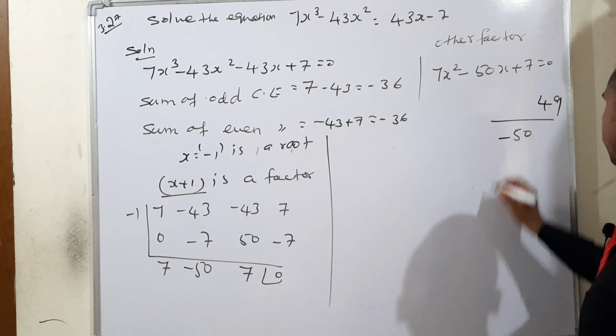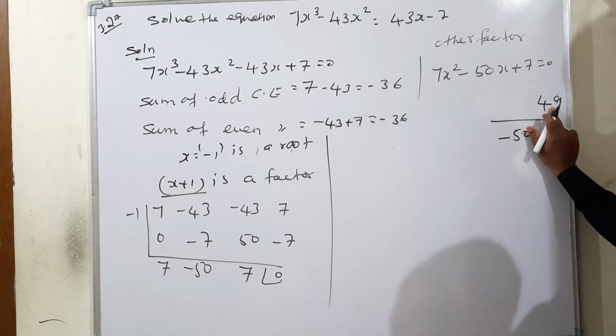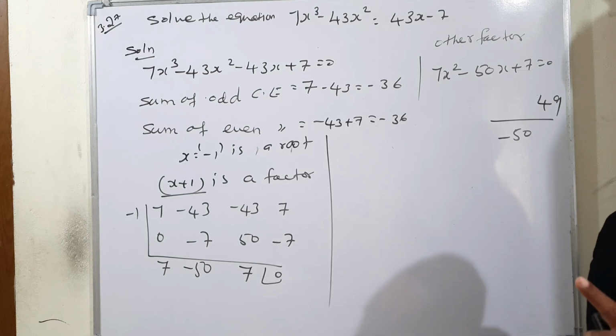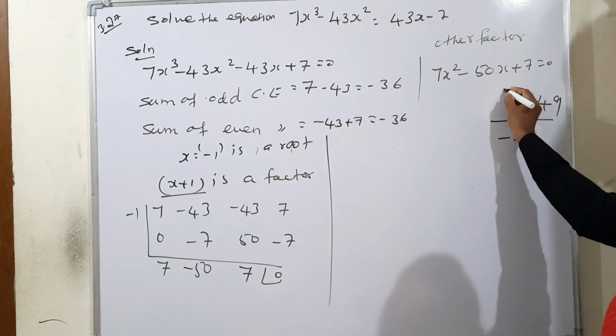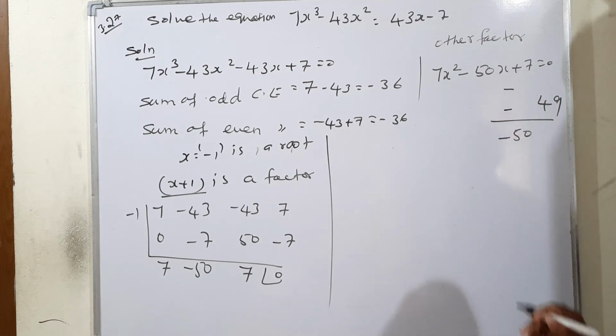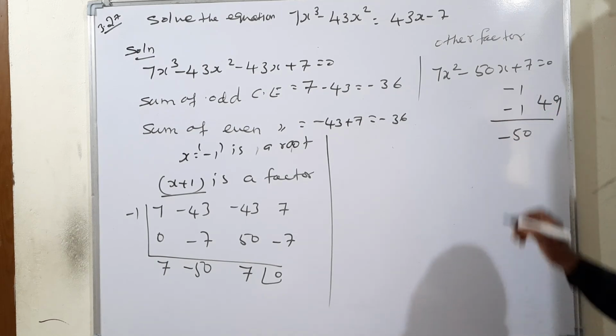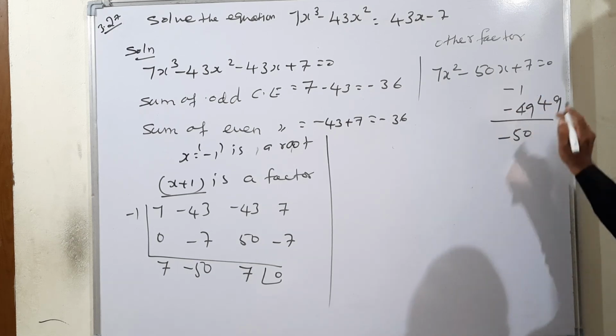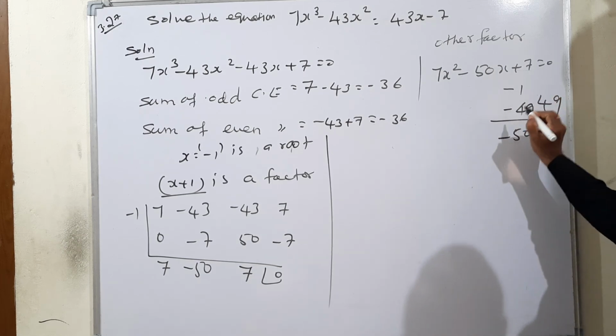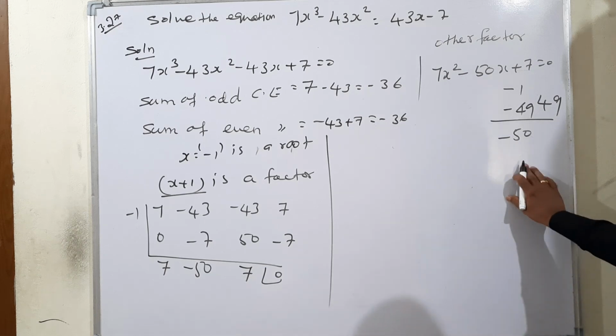The sum means minus 50. Already I told you, if the product has a positive sign, both have the same sign, whether positive or negative. But if the sum is negative, both signs will be negative. Now what are the numbers? Minus 1 and minus 49. Minus 1 into minus 49 means positive 49 will come. Add: minus 1 minus 49 is equal to minus 50.